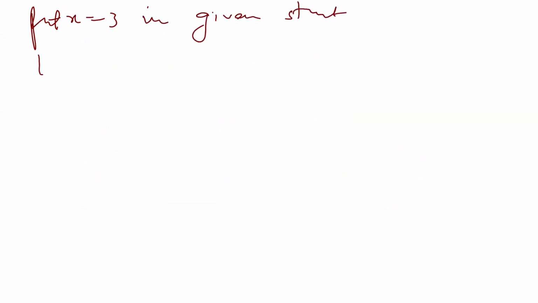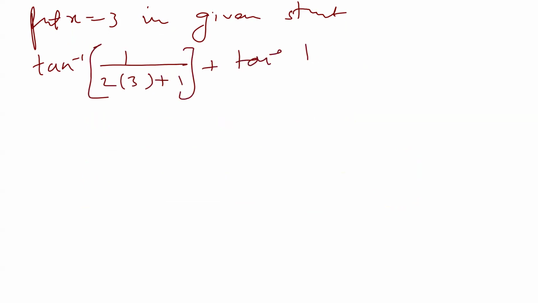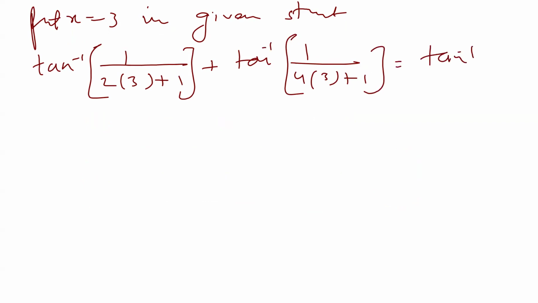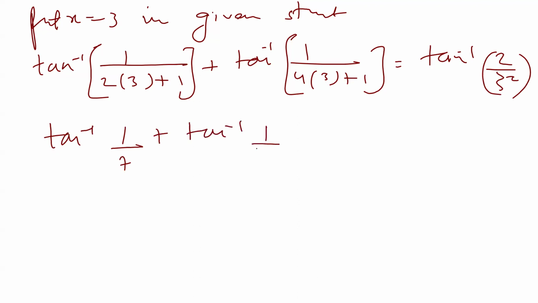So tan inverse of 1 upon 2 into 3 plus 1 plus tan inverse of 1 upon 4 into 3 plus 1, is equal to tan inverse of 2 upon 3 square. So tan inverse of 1 upon 7 plus tan inverse of 1 upon 13 is equal to tan inverse of 2 by 9.